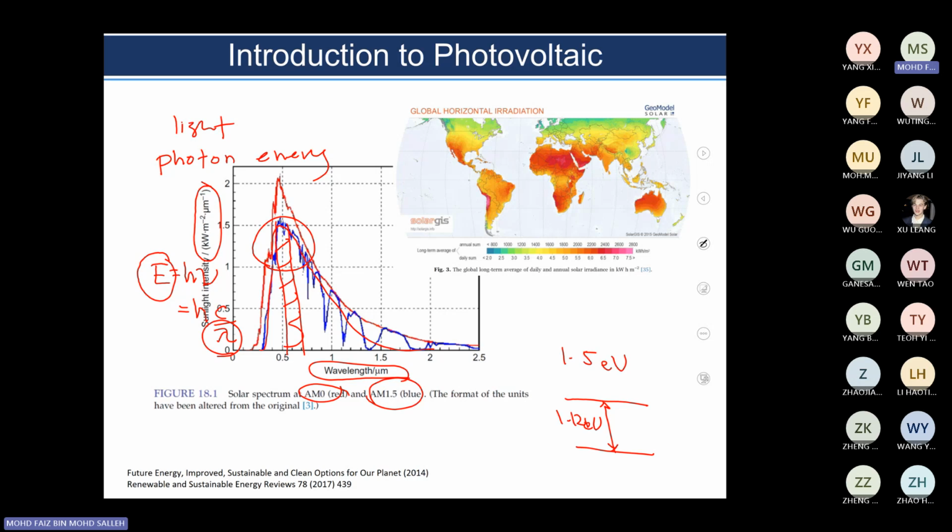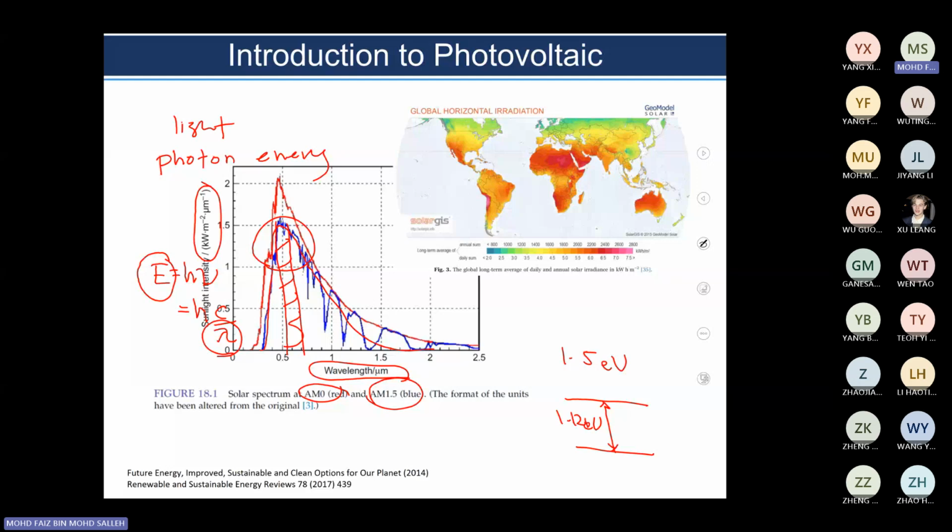Those free carriers, as I mentioned before, that electron has that kinetic or potential energy. So roughly based on this, if you take any measurement around the world and check how much the energy is, depending on the wavelength, roughly you can propose what kind of material is best to absorb that photon energy.